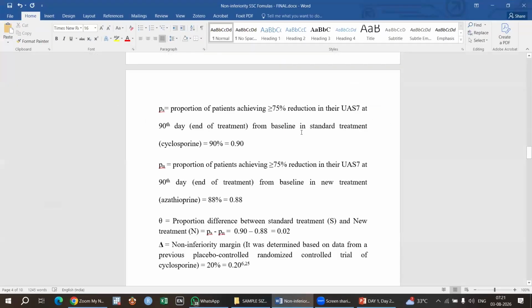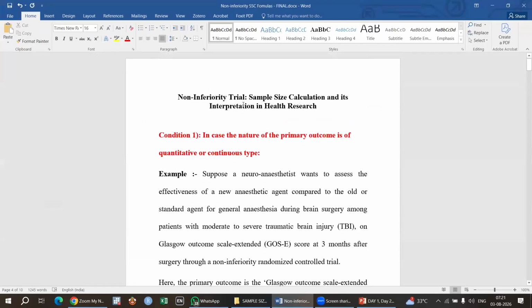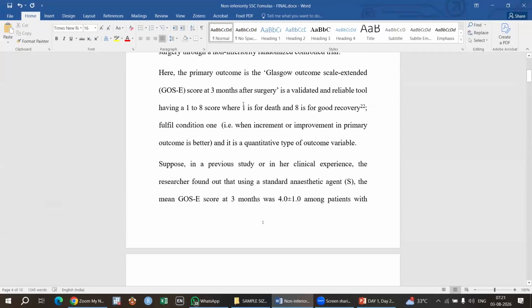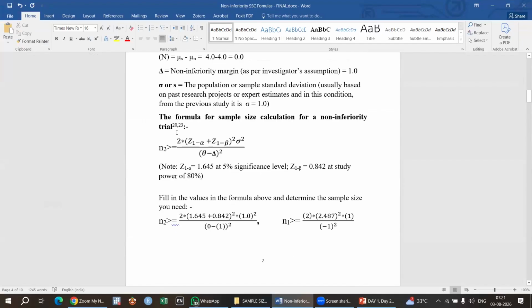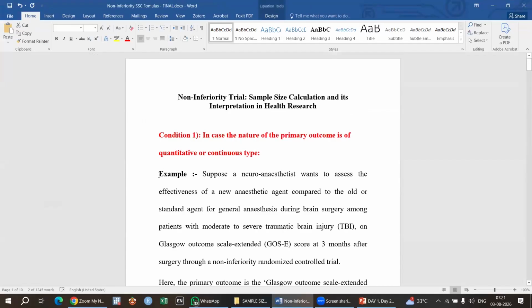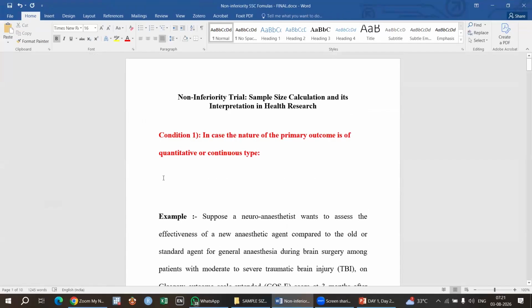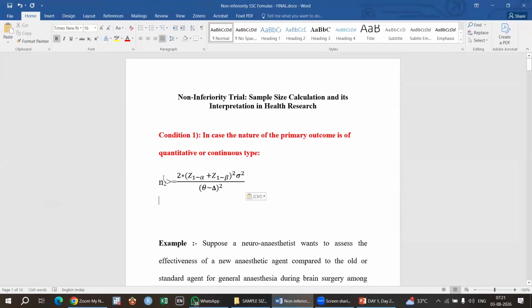I will do this fast. Okay. Yes. So where is the formula? Formula is here. Okay, I'm copy-pasting here. When you see sigma here, is it for a quantitative type of outcome variable or a qualitative type?